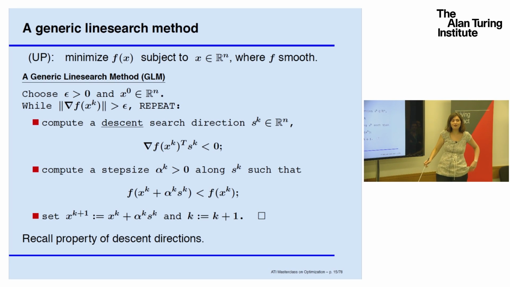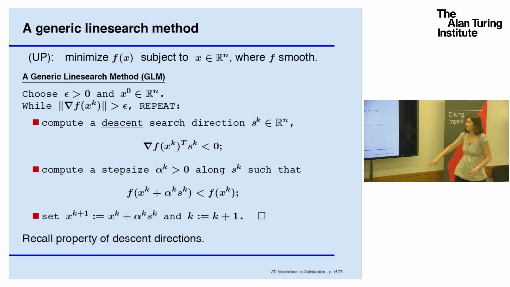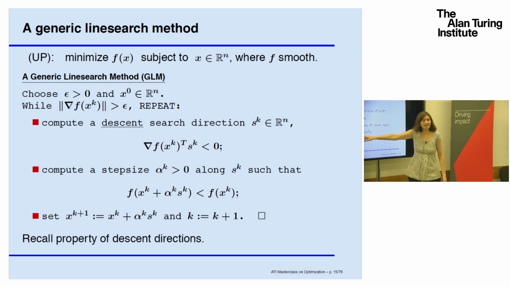Remember the fact I've already stated: if this is true, then I am guaranteed to have an alpha positive such that this is true, provided it's sufficiently small. So this Sk is the direction, and this alpha is a positive scalar. Now, I will start by talking about how to compute this alpha for any descent Sk. These are my key ingredients: a direction and a step. The step just controls how far I go along my descent direction.